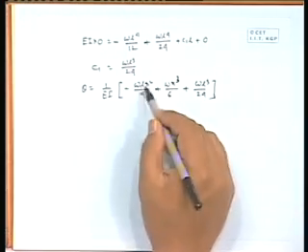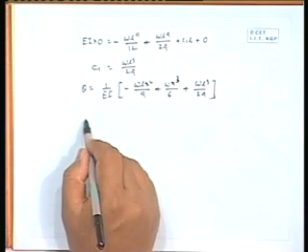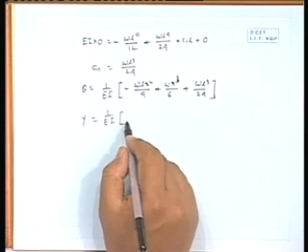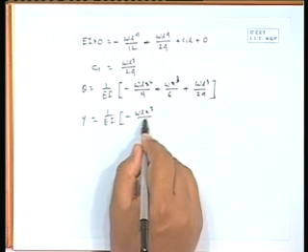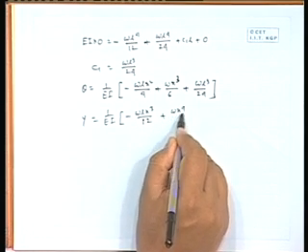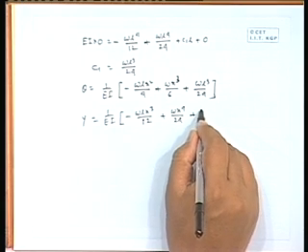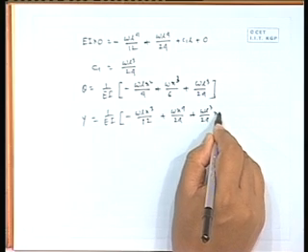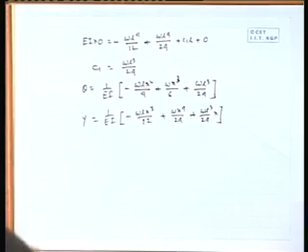So, C1 is omega L cube divided by 24, and the other part we have just put there. And y equals 1 by EI, omega L x cube divided by 12 minus omega x to the power 4 divided by 24, and this part will be omega L cube by 24 times x, C2 is 0. So, these are the equations.